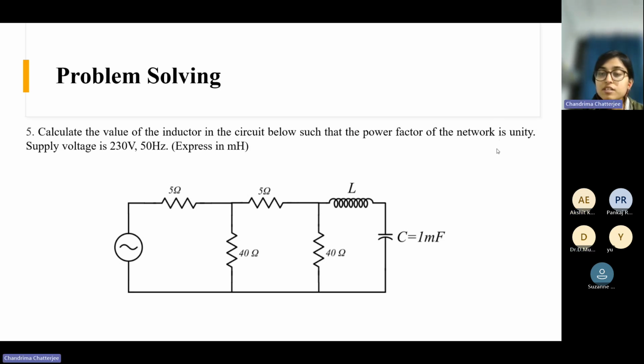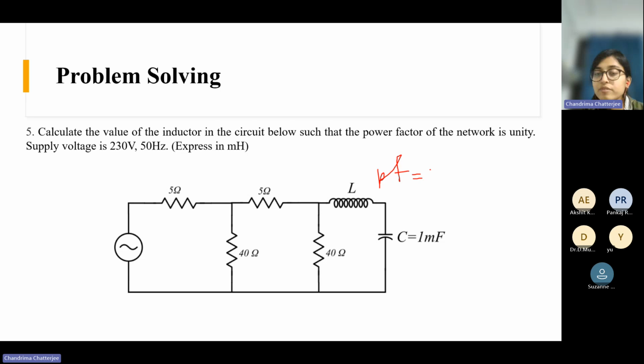No, not exactly. So basically, power factor is a measure of how close your load is to a resistive load. Power factor is a quantity that varies from 0 to 1 in magnitude. It can be leading also, it can be lagging also.